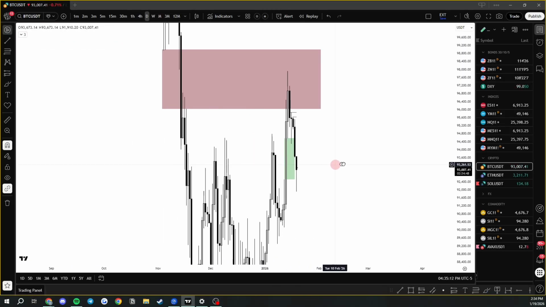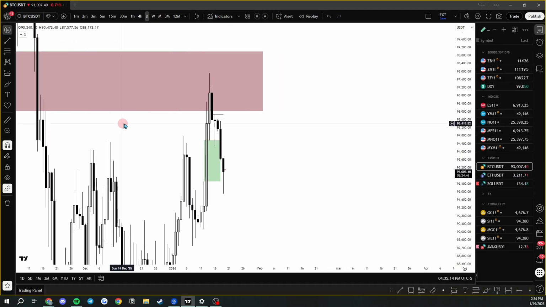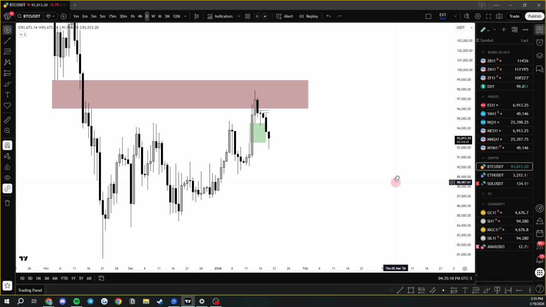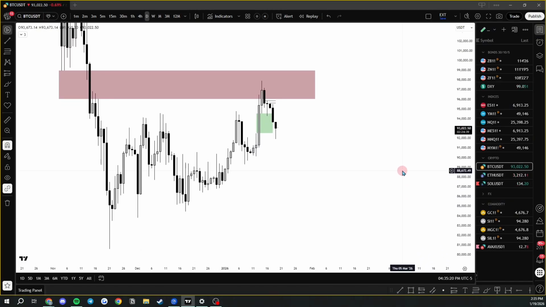Because we can't just say, oh, there's a reversal candle, let's take the trade. No, we've got to have a stronger thesis. You've got to think about it like you're trying to convince somebody to go in with you, which you definitely shouldn't do.